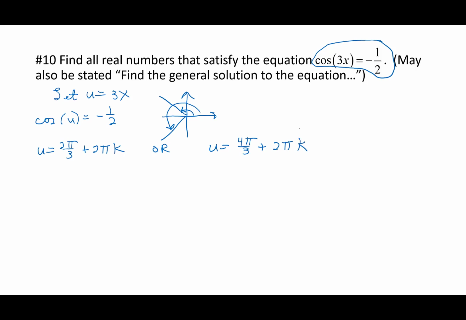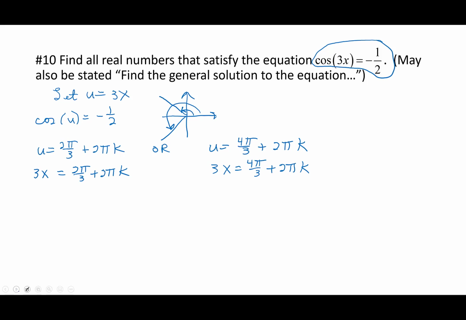And then we used u to simplify things a little bit, but remembering that u is equal to 3x, we actually are solving for 3x. So I'll write 3x equals 2 pi thirds plus 2 pi k, or 3x equals 4 pi thirds plus 2 pi k.